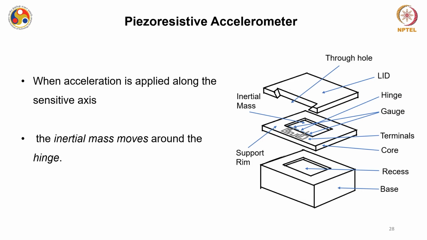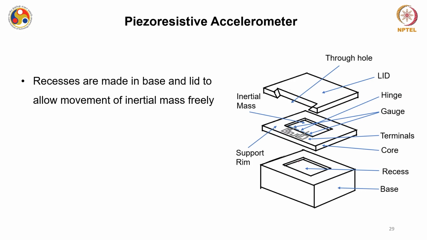When acceleration is applied along the sensitive axis, the inertial mass moves around the hinges. And there are certain recesses which are etched out from the base and the lid. When these recesses are formed by deep etching the base and lid, this inertial mass can move or rotate inside this recess.